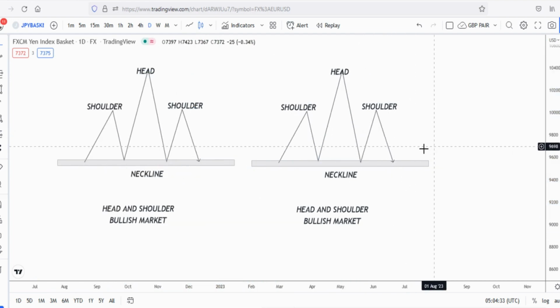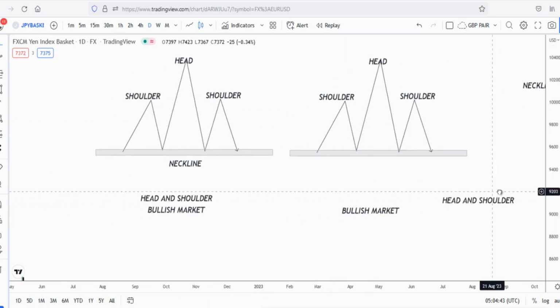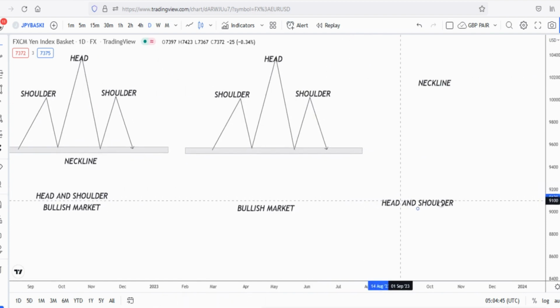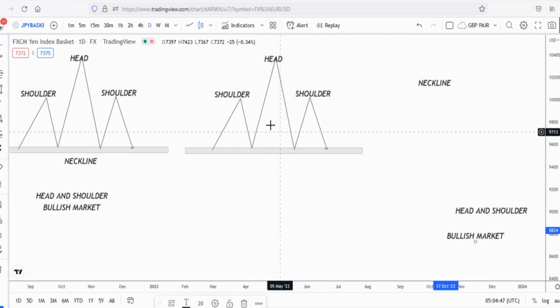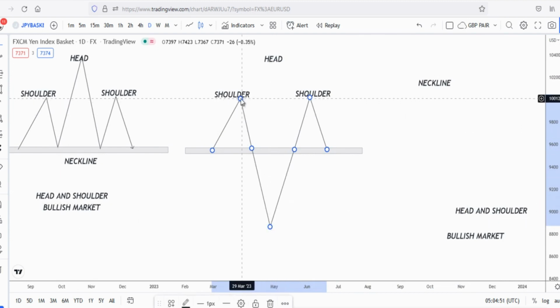So now we have this also, the neckline. Let me move this to the side. I'm just going to turn this like this.